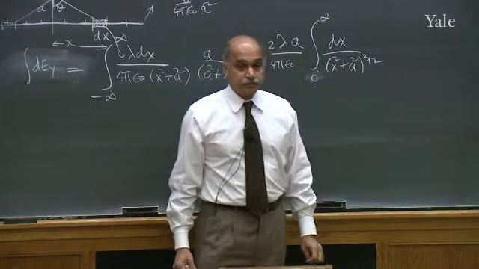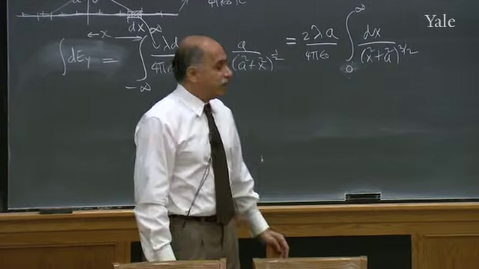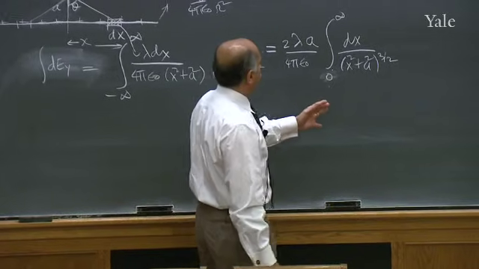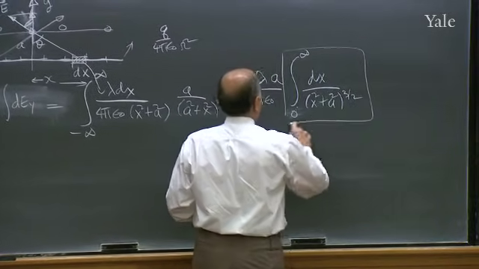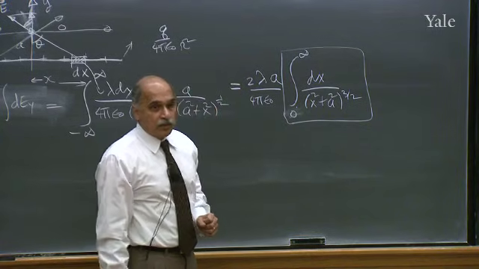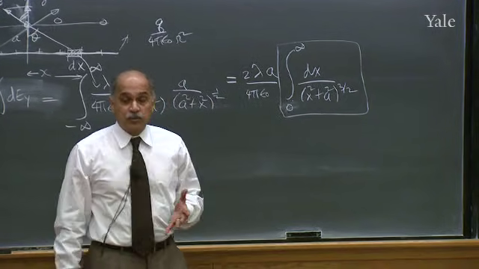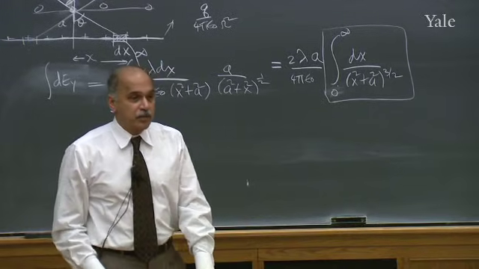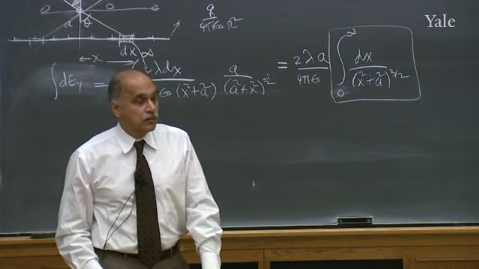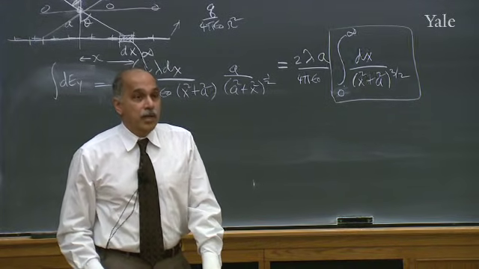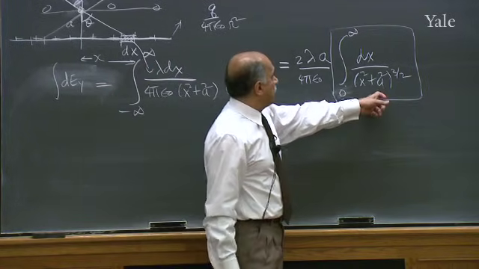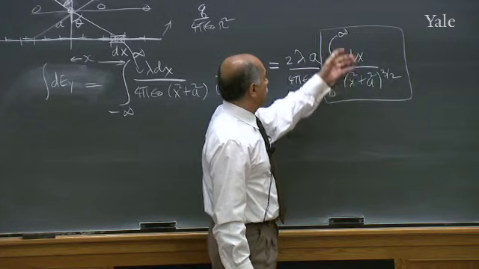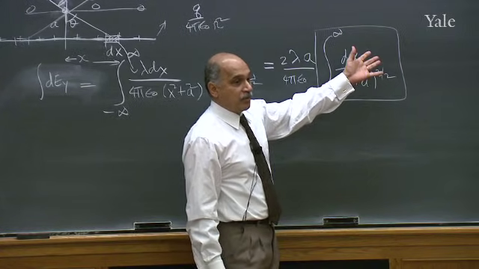But before you do the integral, you've got to have some idea what the answer is going to look like. I want you to get some feeling for this. What's the answer going to depend on? That's the first question. Whatever this is depends only on a, because 0 and infinity are not going to be present as part of the answer.